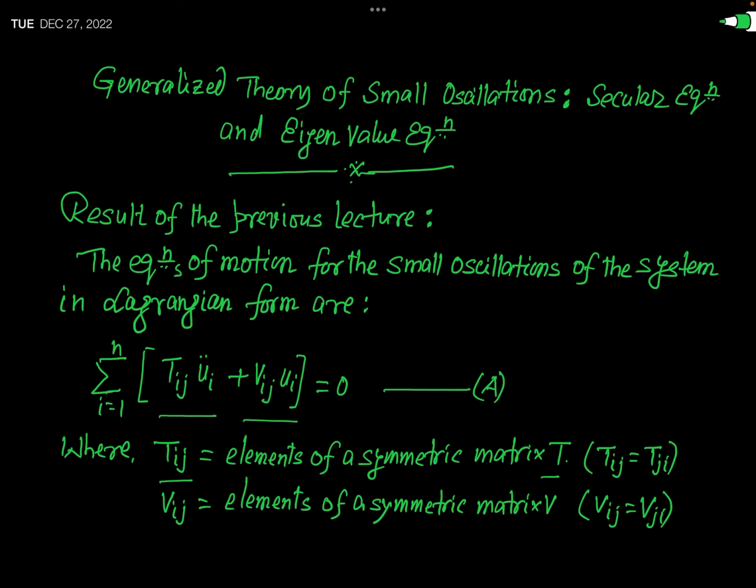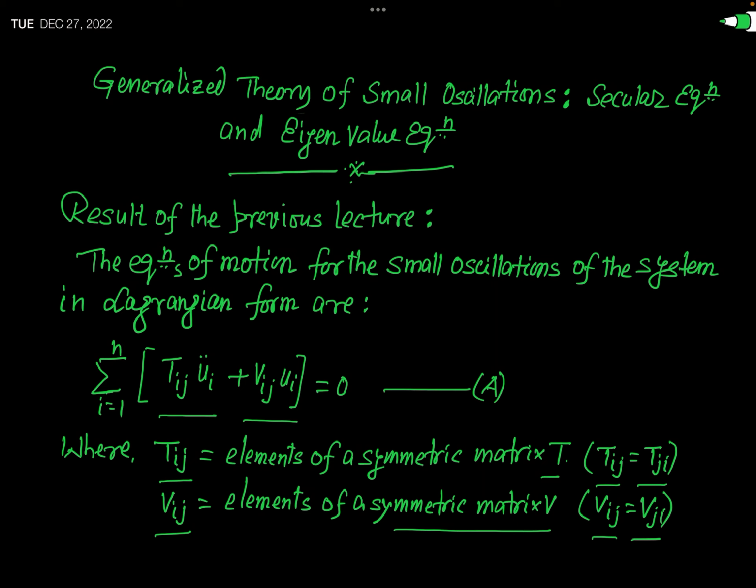Since it is a symmetric matrix, Tij is equal to Tji. And Vij, the coefficients in the expression of the potential energy function, are the elements of the symmetric matrix V, and since it is symmetric, Vij is equal to Vji.